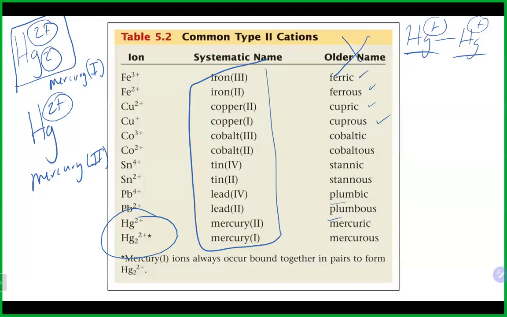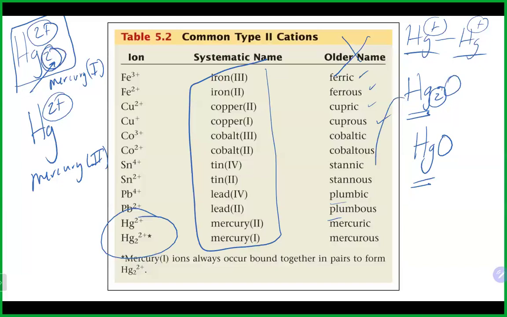How would you know in a formula if you're dealing with mercury 1 or mercury 2? The bottom 2 tends to stick around. You could have something like this, and you could have something like this. Here, this is mercury 1 oxide, and this is mercury 2 oxide. The reason is that the 2 sticks around for mercury 1.